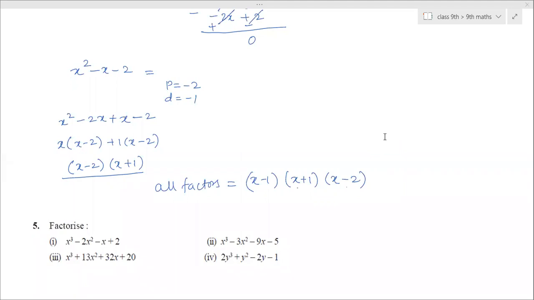Ma'am, can you just tell the answer of the second one? Is it x minus 5, x plus 1, x minus 1? Okay, x plus 5, sorry. x plus 5, x plus 1, x minus 1.